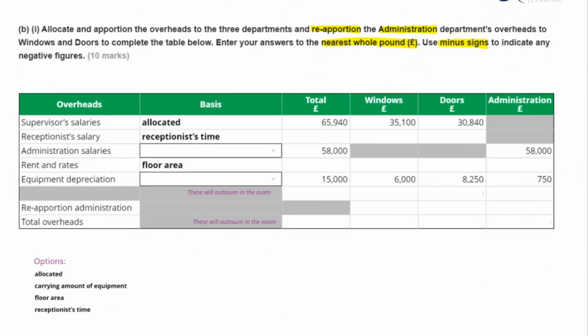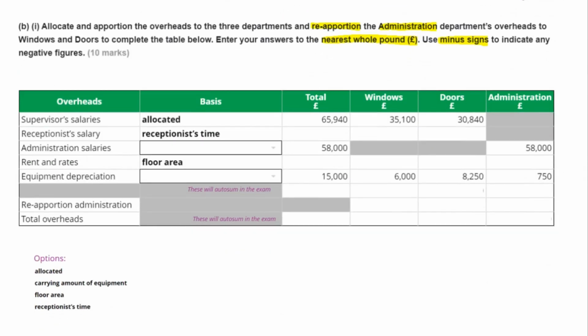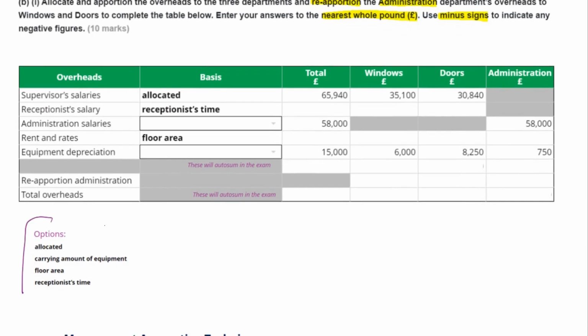So that is just going to be allocated. So in the question, you will have these options here in your drop down. So the administration salaries will simply be on the allocated basis. And you can see that the exam question gives you the 58,000 already.